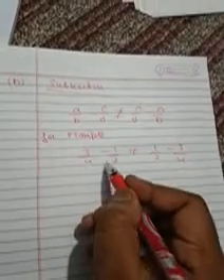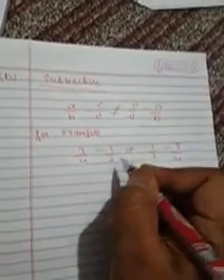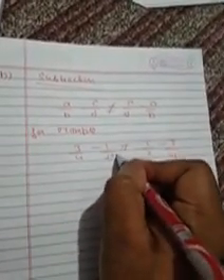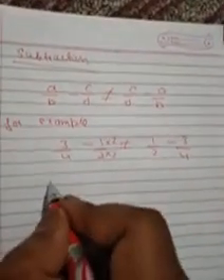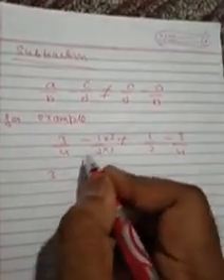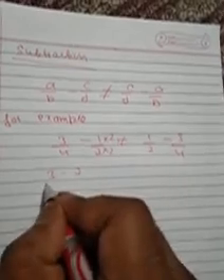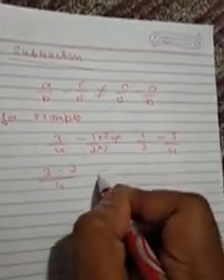The LCM of 4 and 2 is 4. So make it 4 by multiplying the denominator by 2. It will become 3 minus 1 into 2, 2 upon 4.